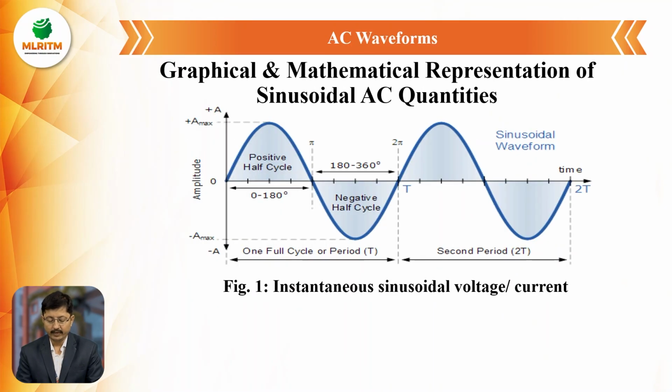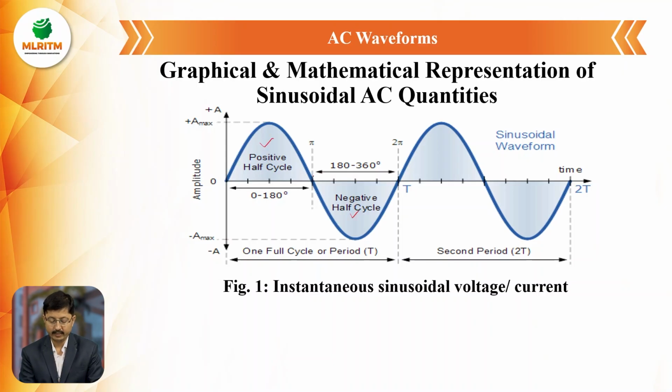Graphical and mathematical representation of sinusoidal AC quantities. Let us look at this diagram. Here it is a sinusoidal waveform, and this is one complete cycle. You can see it makes a positive half cycle and a negative half cycle.